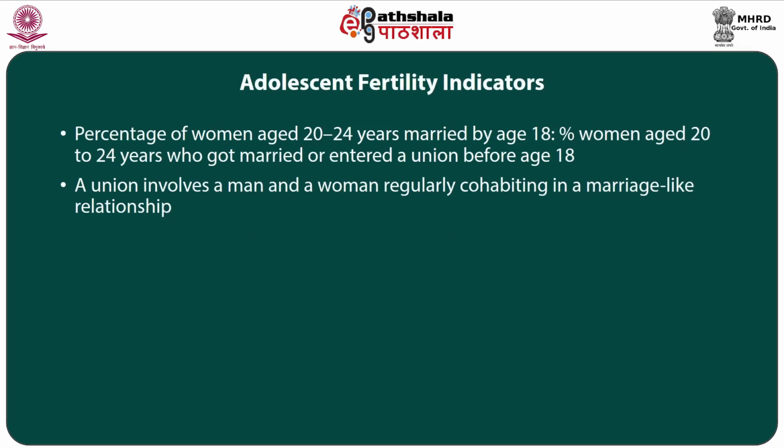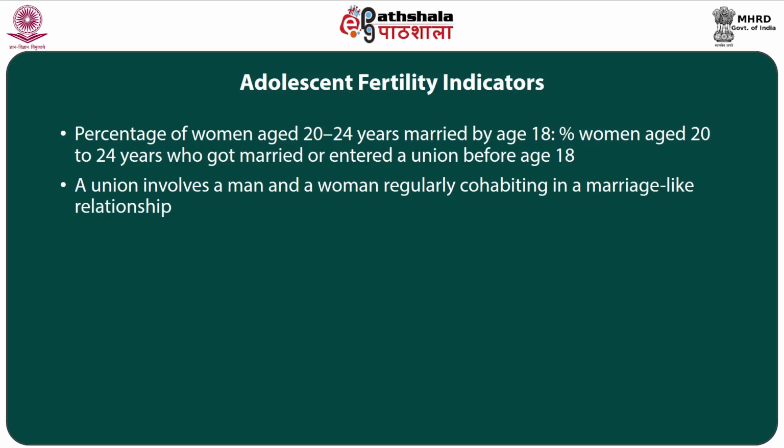Continuing on the adolescent fertility indicators, we have an indicator that gives the percentage of women aged 20 to 24 years married by age 18 years. So, here this is the percentage. You will have the number of women aged 20 to 24 years married by age 18 as the numerator.